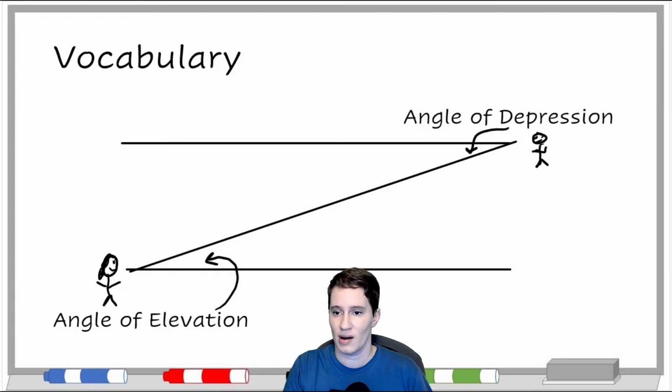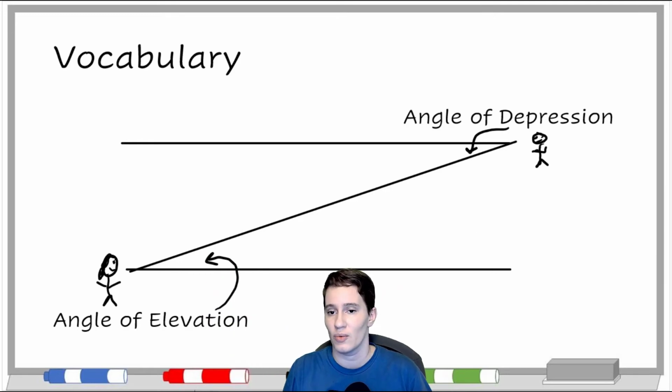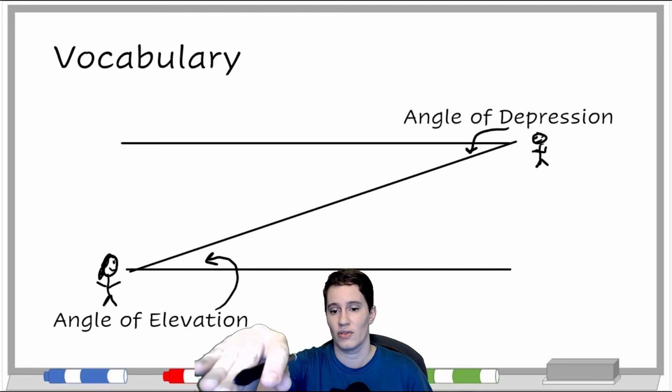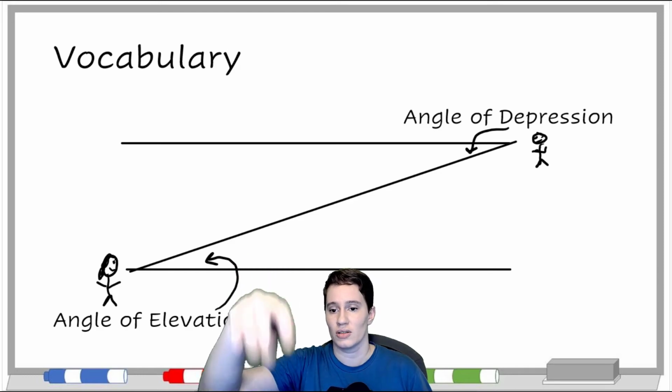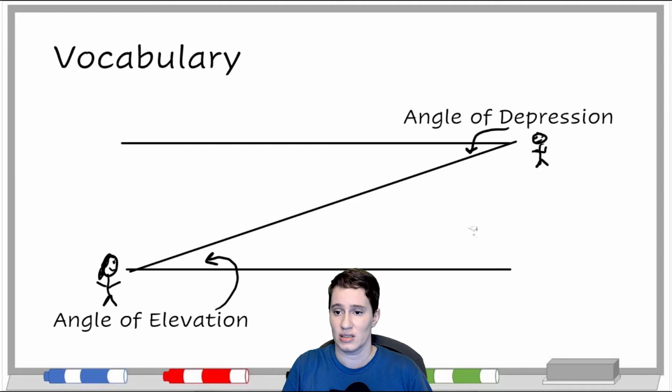So if you're on the ground, for instance, for angle of elevation, if the ground is flat, you've got this straight forward you can think about. And then if you're looking up at something, you've got an angle of elevation to get up to that thing. Whereas if you're on top of something like a building, then if you compare looking straight out versus looking down, and how far you're looking down, that's called the angle of depression.